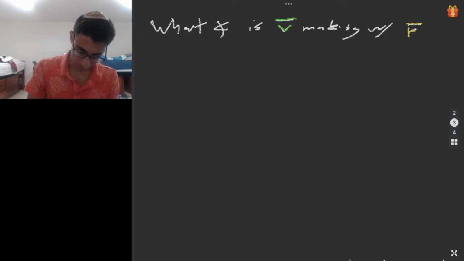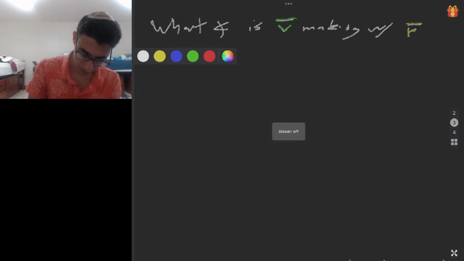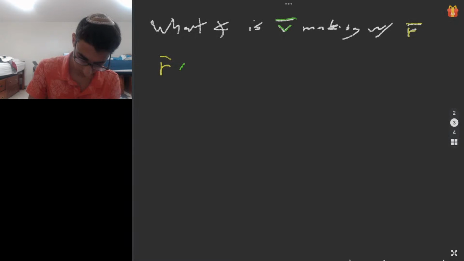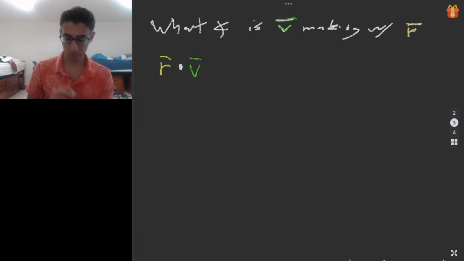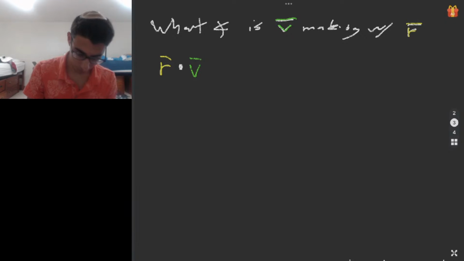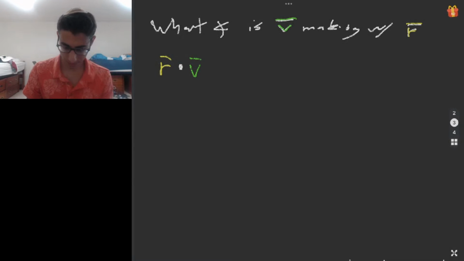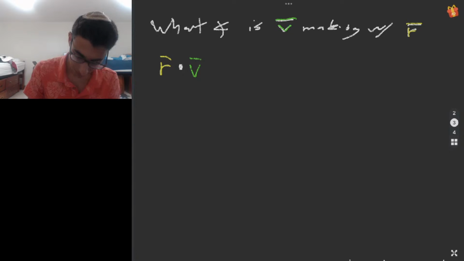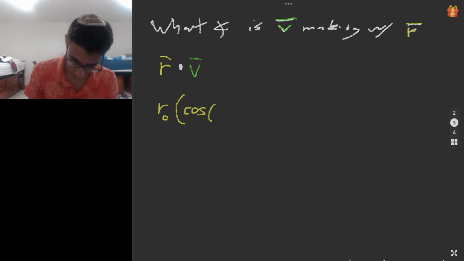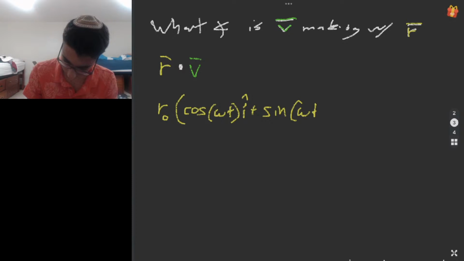Okay, so let's find out what the dot product is between R and V. What would this look like? Well, R is R naught times cosine of omega t I plus sine of omega t times j.